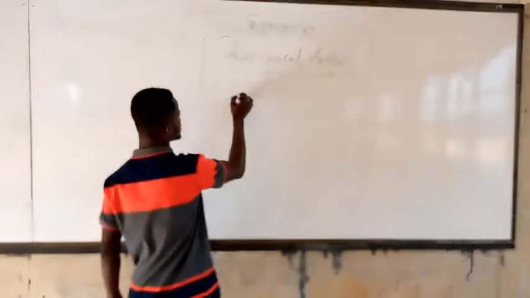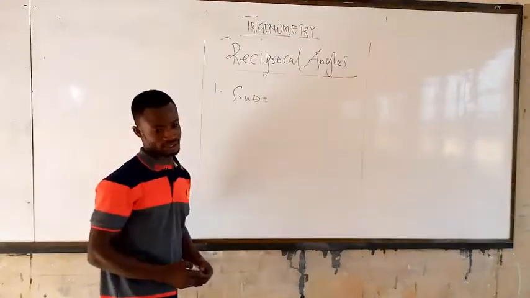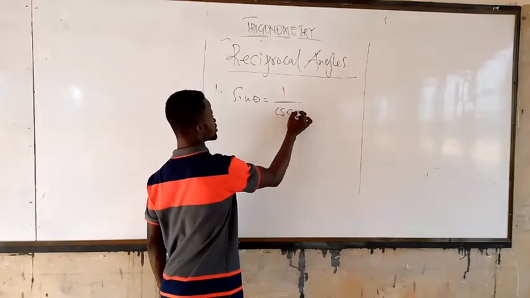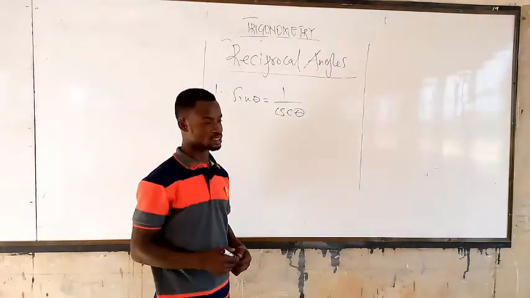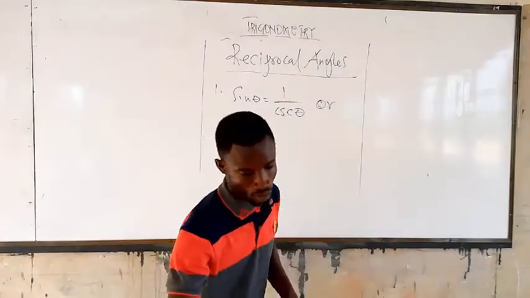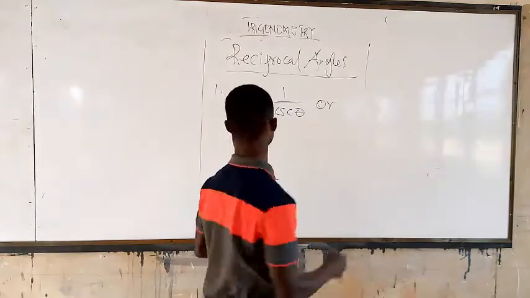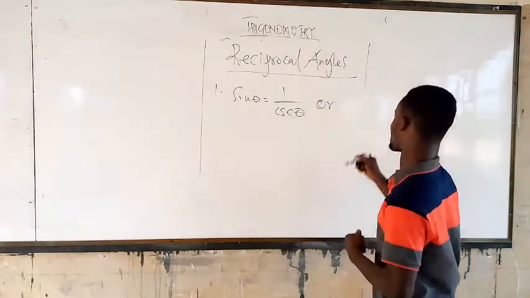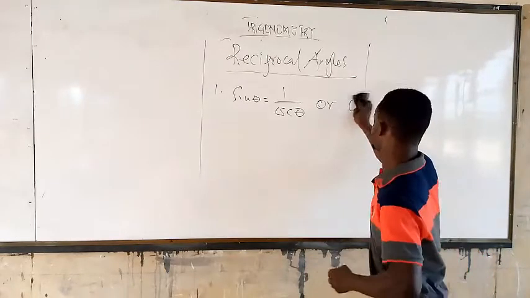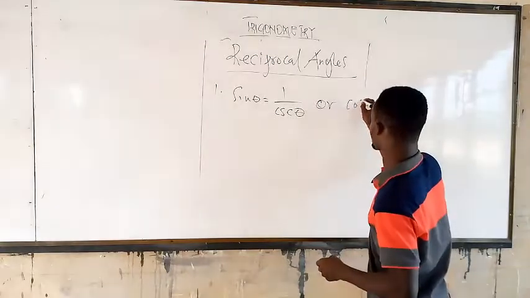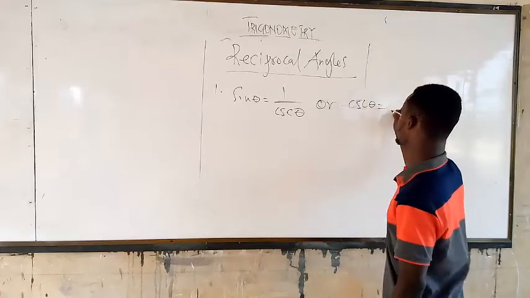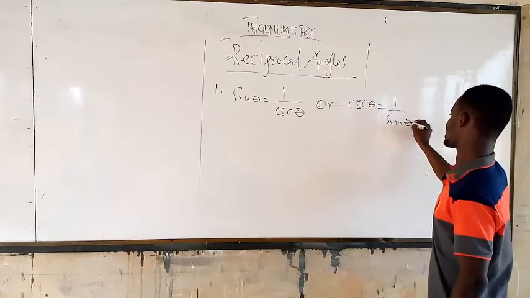One: sine theta is going to be 1 over cosec theta. That is the reciprocal identity. Or, if sine theta is equal to this, then cosec theta is going to be 1 over sine theta.